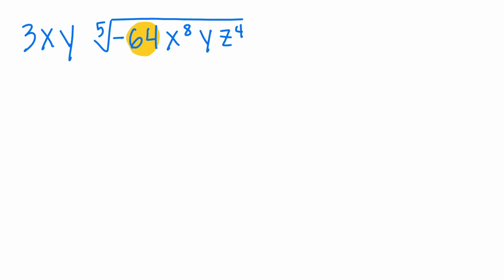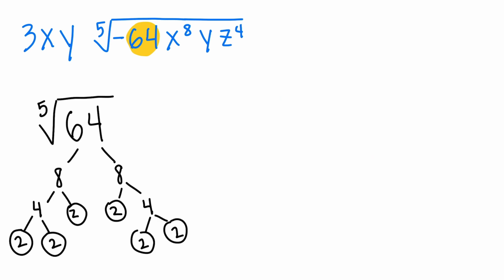Our next component is the 64. We're going to use our basics on how to simplify this using the tree method. So we create the branches here. We have 2 branches, and then we have 8, perfect, that gives us 8 and 4. Then we simplify them to their prime numbers. So 2 is a prime number.